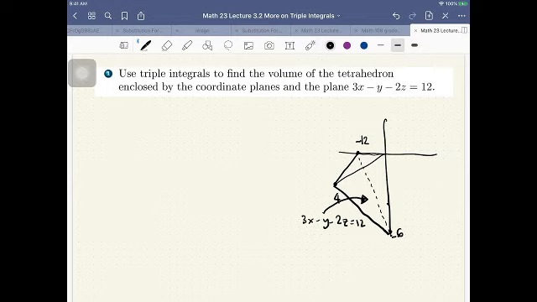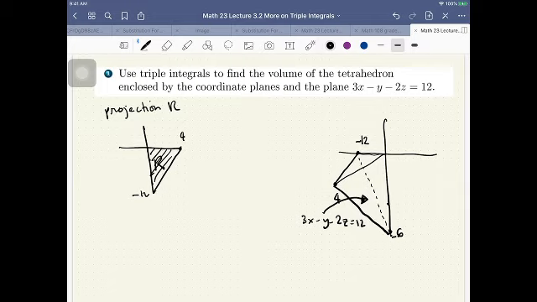Because it's type xy, the next thing we have to do is to draw the projection R. Here x is positive and y is negative, so you are in the fourth quadrant. The x-intercept is 4, the y-intercept is minus 12. So you just have to draw this triangle, and this is your R.